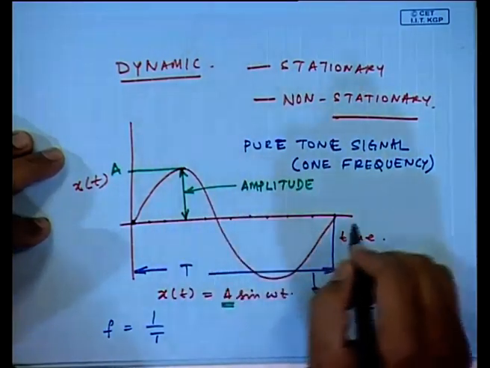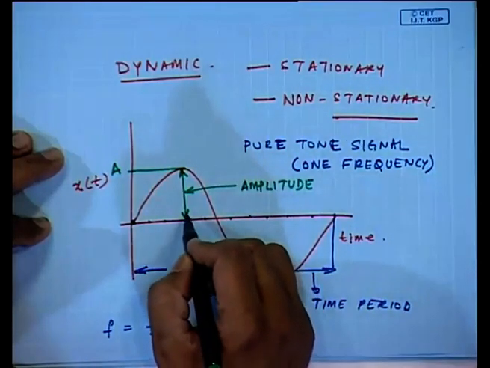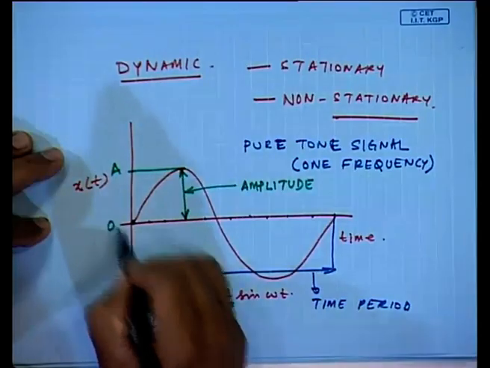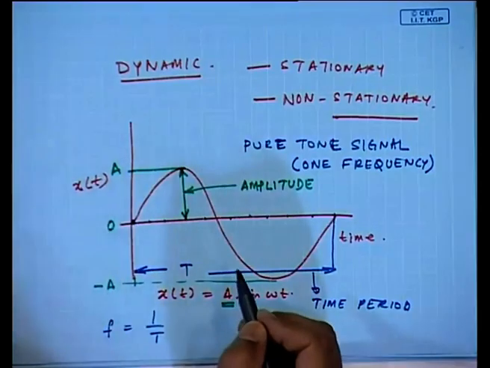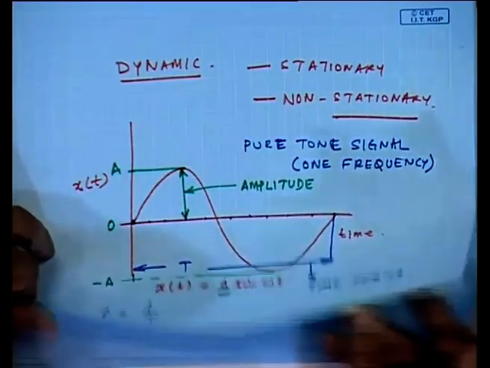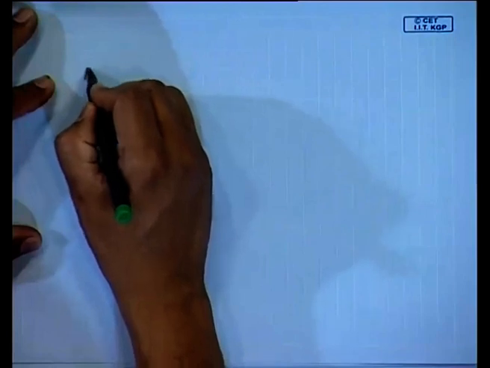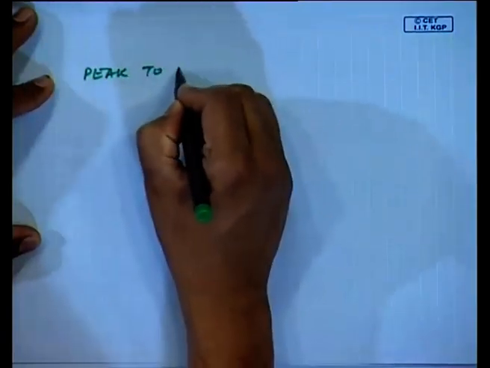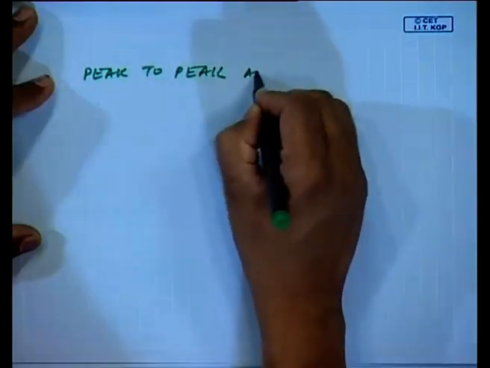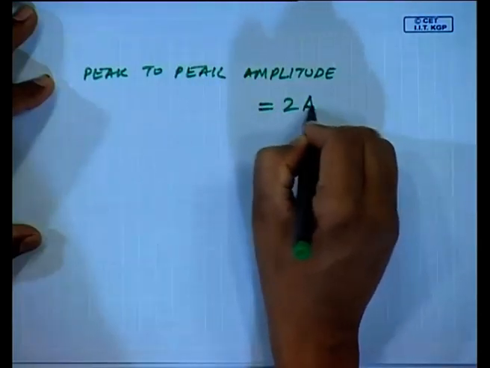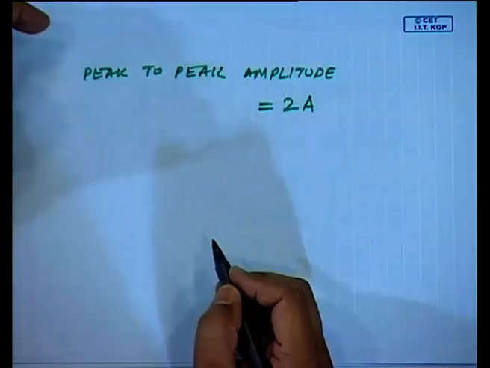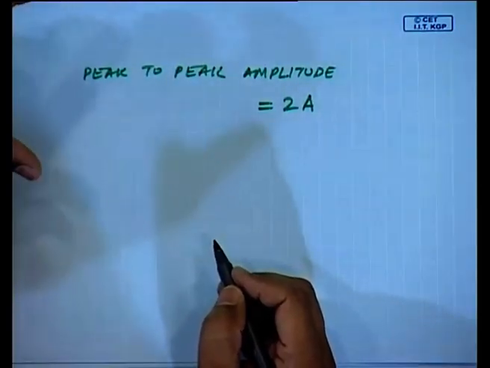Sometimes the peak amplitude is measured from 0, this is the 0 value, and then of course, this will be minus A. So, the peak to peak amplitude of the signal is nothing but 2A, 0 to A at the top, and 0 to minus A at the bottom. The total magnitude is rather 2A.